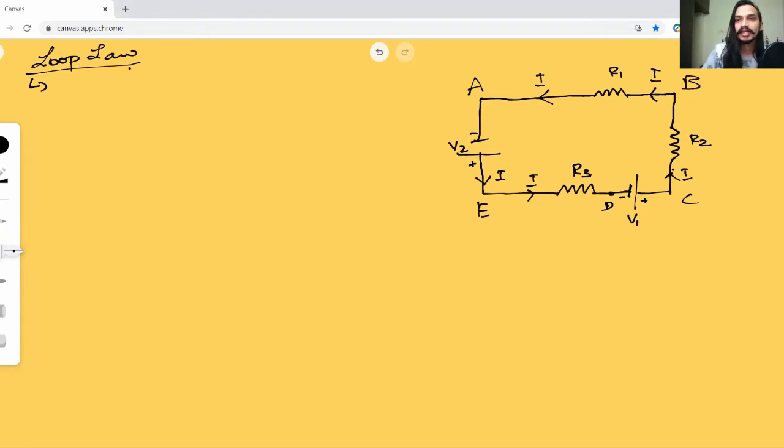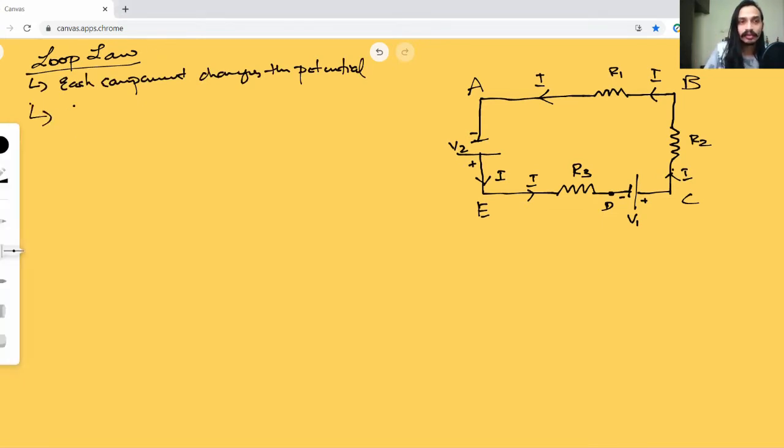But based on which one it is, each component can increase or decrease the voltage, or the potential difference, across it. Only across it. For example, the potential difference across a resistor will be different from the one at a battery.